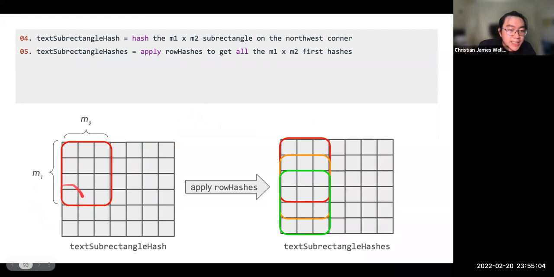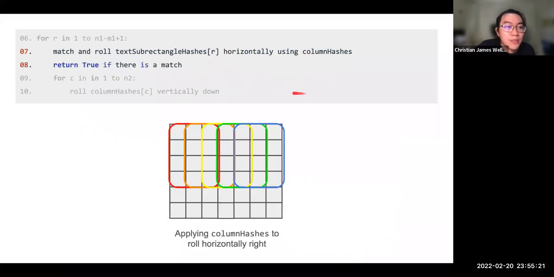We can store all these. We use the rolling row by row, vertically, to get all these values, so that we can easily restart later on. So this is the fourth and fifth line of the pseudocode.